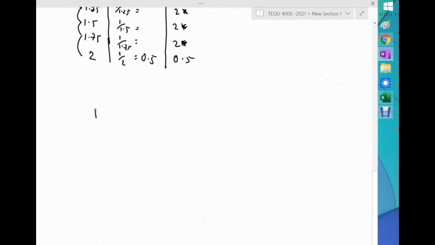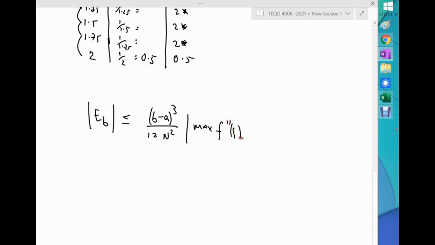For the error bound, the absolute value of the error has to be less than or equal to (b minus a) to the cube over 12n squared, times the absolute value of the maximum value that you can get from your second derivative of f, and that's it.